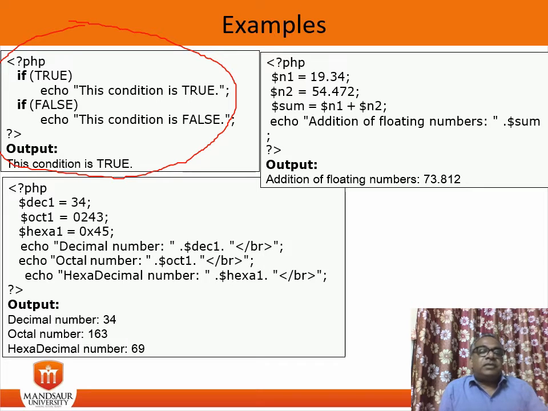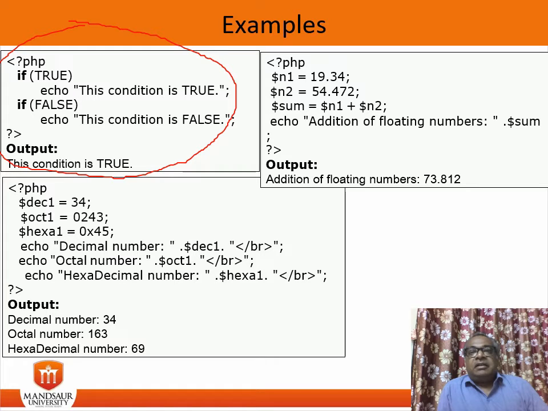There are some rules for integers. An integer can have either a positive or negative sign. An integer must not contain decimal points, or the fractional part. An integer can be decimal, that is base 10, octal, that is base 8, or hexadecimal, that is base 16.